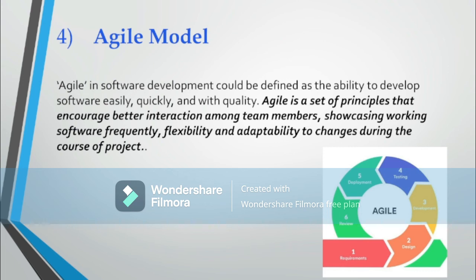Finally, I will explain the Agile model. Agile in software development could be defined as the ability to develop software easily, quickly, and with quality. Agile is a set of principles that encourage better interaction among team members, frequently showcasing working software, flexibility, and adaptability to change during the course of the project.